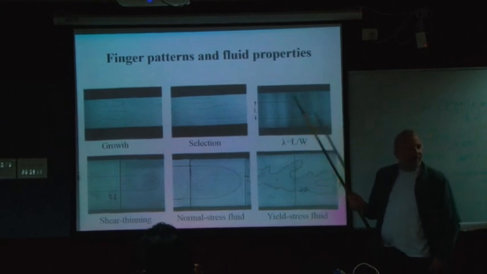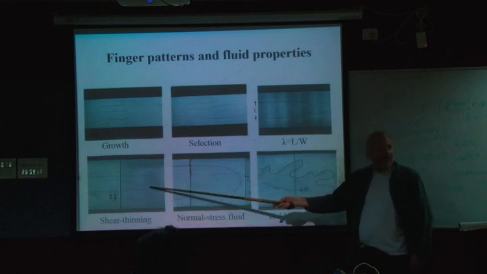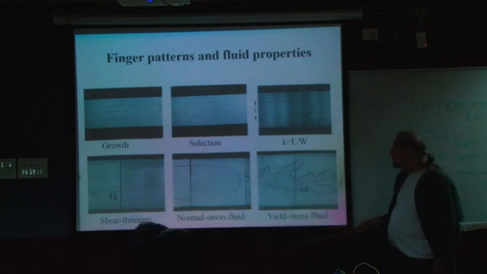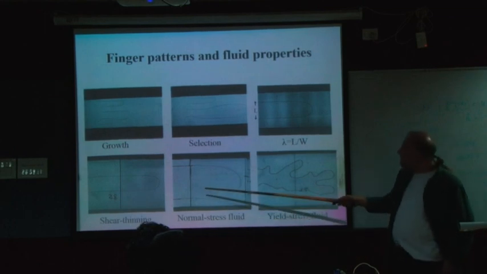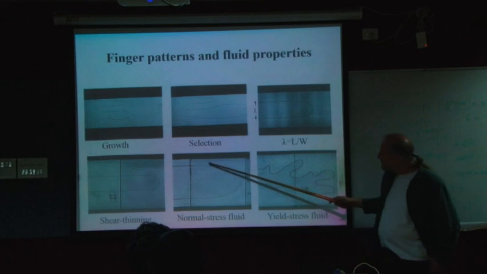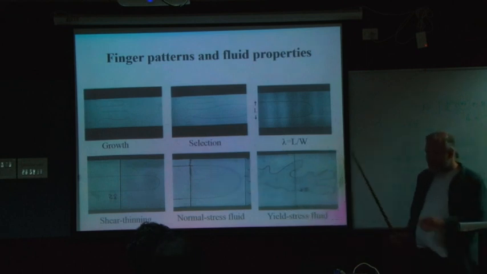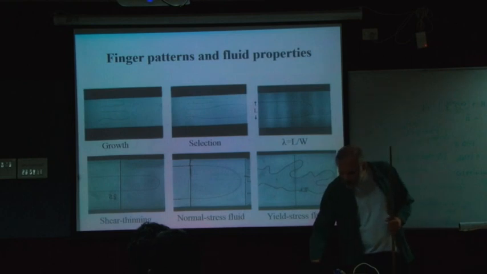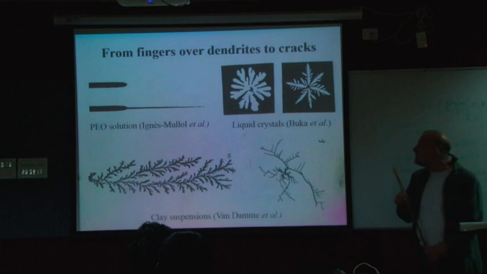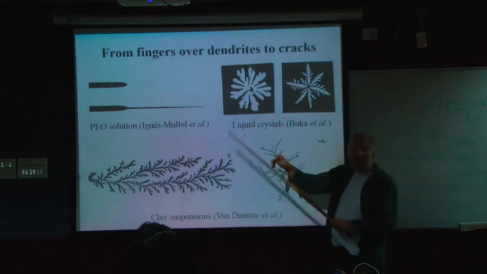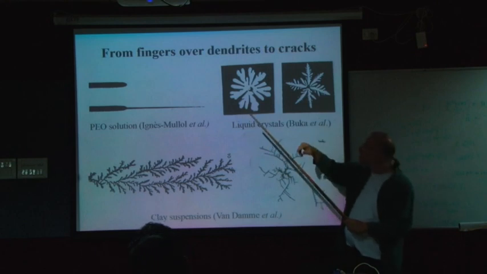If you take more complicated fluids, such as shear thinning fluids or normal stress fluids, such as gels or polymer solutions, you can see that you can get thinner fingers or thicker fingers or even ramified fingers like this. And if you make things even more complicated, you get a fascinating variety of patterns. So here's the injection of air, this time not from the left side, but from the top in the center of the cell.